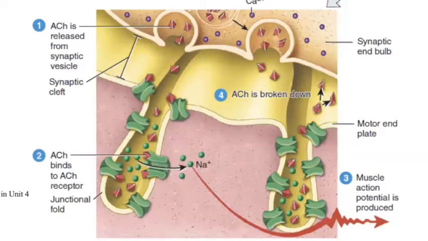What happens at this point? The neurotransmitter acetylcholine binds to the acetylcholine receptor. This is a ligand-gated ion channel, as we talked about. Upon the binding of acetylcholine, the receptor opens up, because it's a receptor and an ion channel, and in flow the ions according to their concentration gradients.